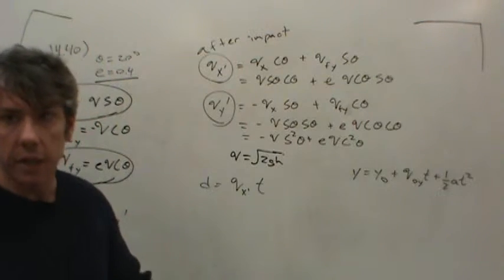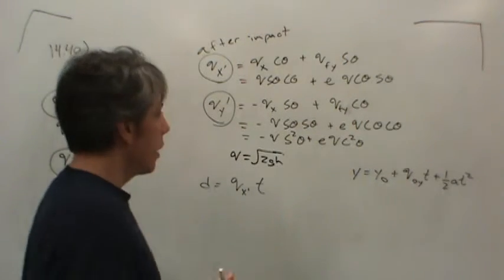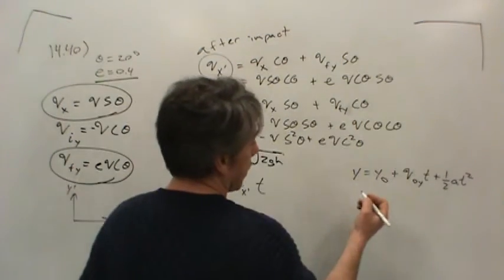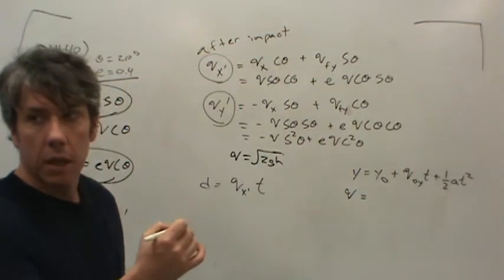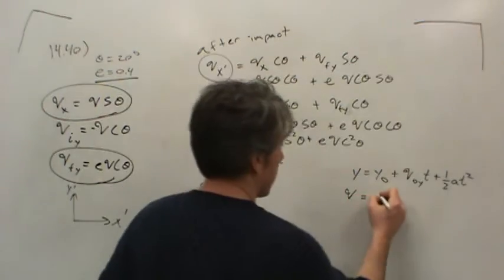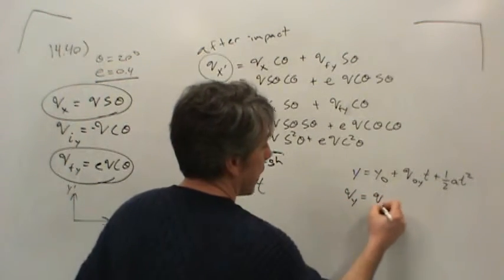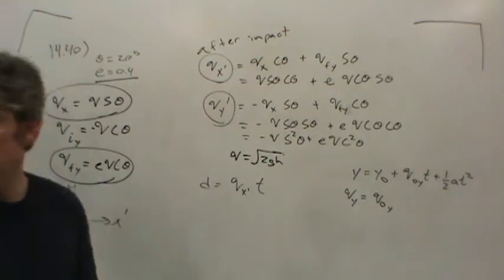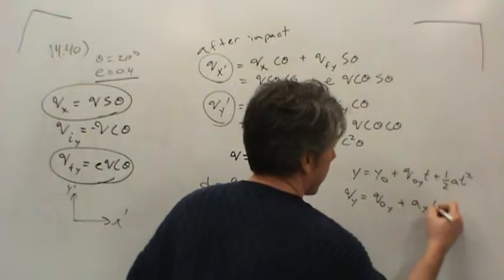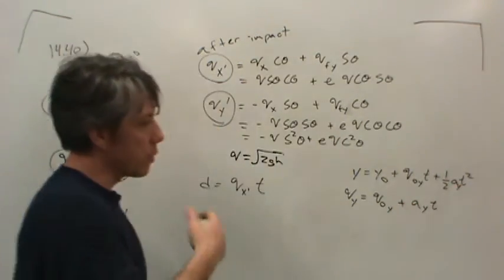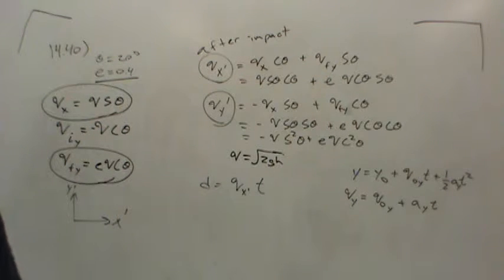We may as well write down the other equations as well. Okay. So what other equations are there? Well, there's v equals v naught plus at. And let's write vy, so v naught y plus a y t. I should have put a y here since we're writing a y component equation.